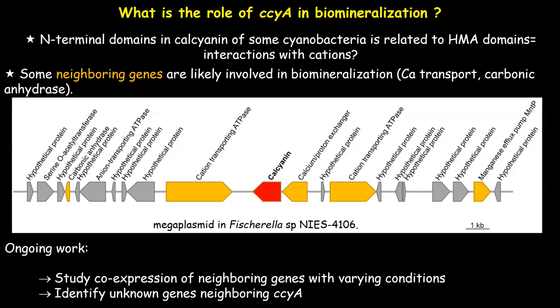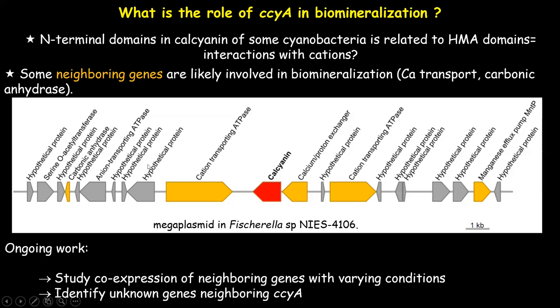In some cyanobacteria, this domain looks very similar to domains that are known as heavy metal affinity domains. So in our calcyanine, we have a domain that looks close, not the same, but close, to domains that are known for their affinity for heavy metals. So, of course, the big question is how this calcyanine interacts with metals and cations.